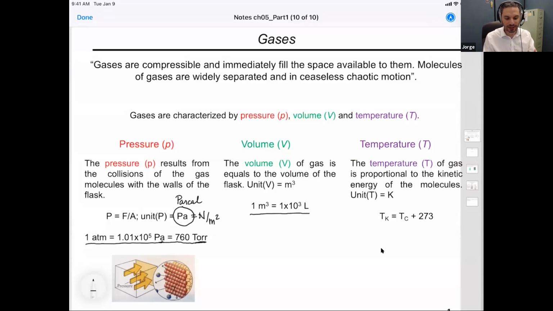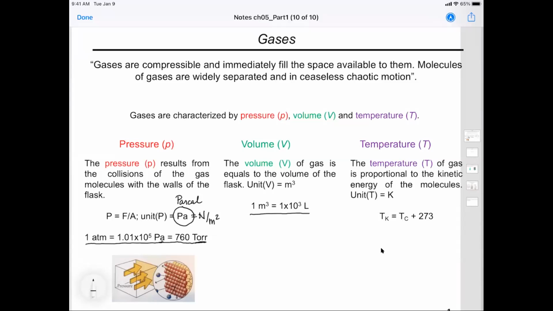So look at temperature as being proportional to the amount of vibration or the speed of the gas molecules. The higher the temperature, the higher the speed of the gas molecules moving around. And the lower the temperature, the lower the speed that the molecules move around.